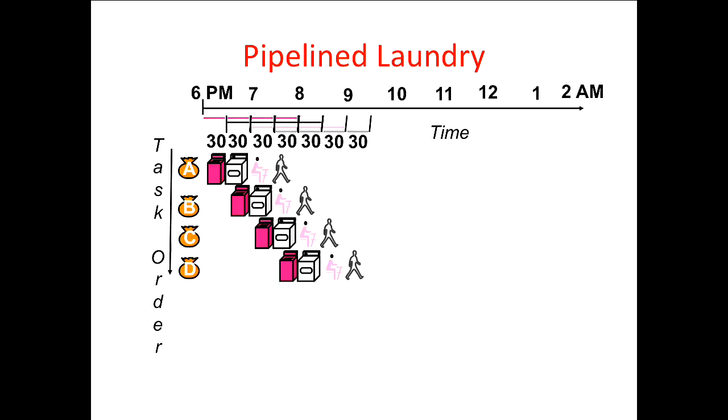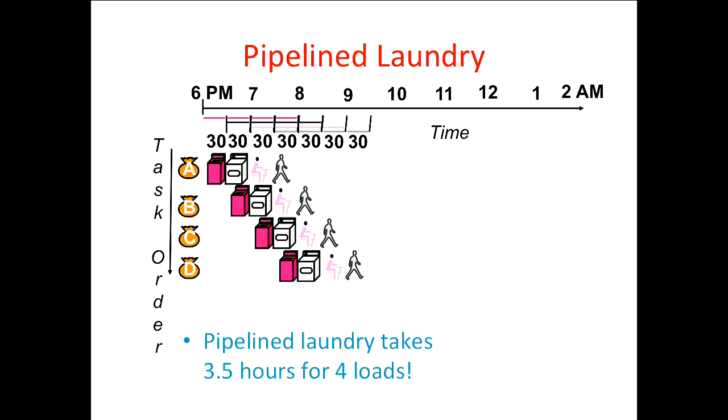So you overlap all these stages. So similarly, as you go through, while one person is folding the laundry, another batch can be drying, while the next batch is starting off in the washer again. And so you overlap these 4 loads of laundry. And so now it only takes you 3.5 hours to do 4 loads of laundry, right?